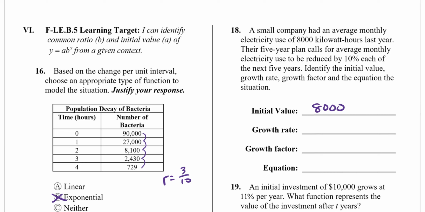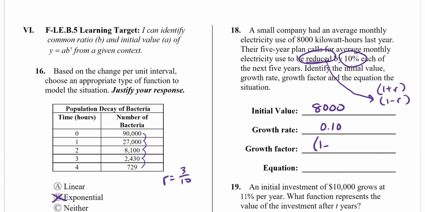Now growth rate and growth factor. Growth rate is the actual percentage that we are increasing or decreasing by. So the growth rate, if we change 10% to a decimal, is 0.10. The growth factor is that 1 plus r or 1 minus r. Since we are reducing, it's going to be 1 minus r.